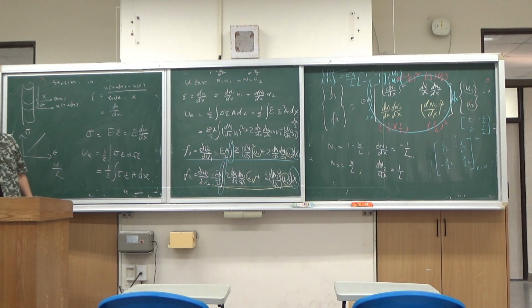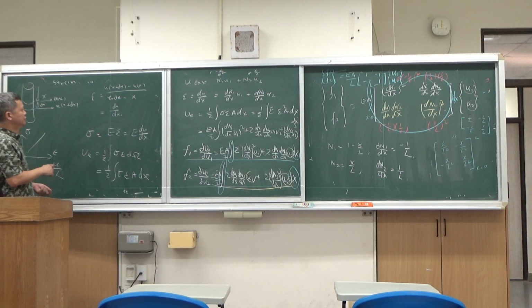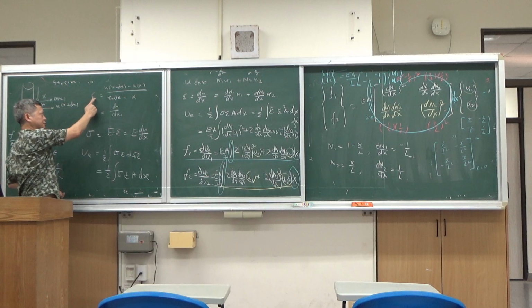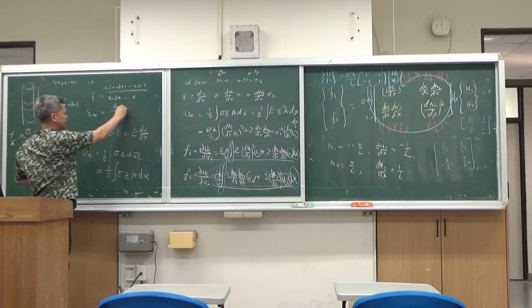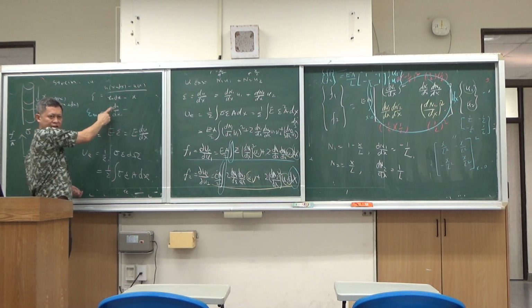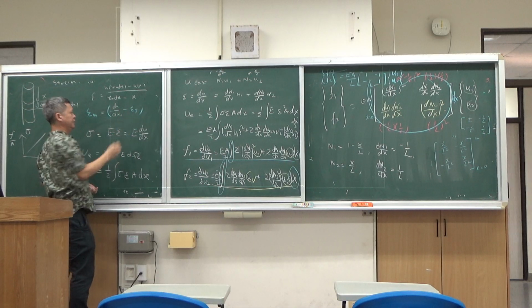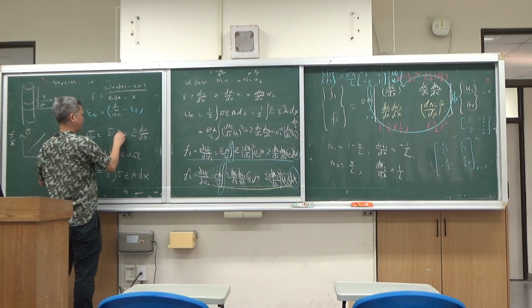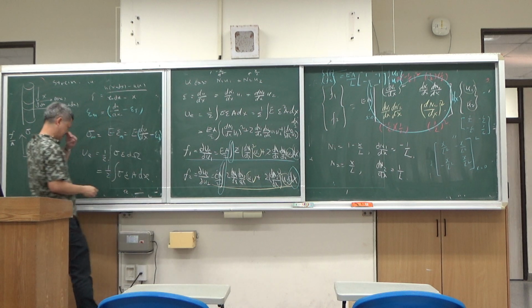Now here comes the stress. Okay? So a quick one. How to handle the stress? Not difficult. Why? This is the absolute strain. If you want to find mechanical strain, this must be the total strain minus the thermal strain.